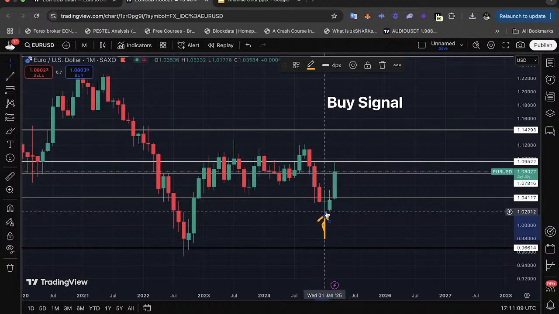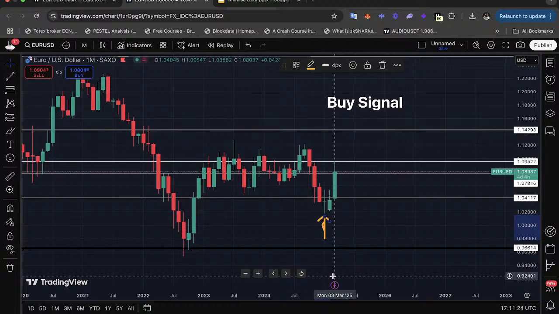Now we can see that the following month the market went up. This current month the market has gone up, and this current month would be rounding off this week. This week we'll be having a close on the month of March.